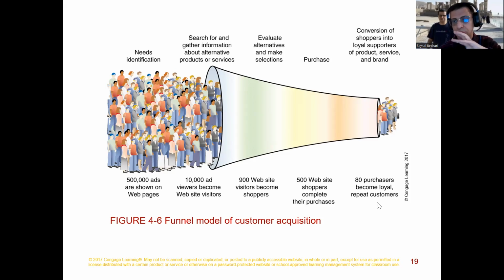And that's why I say it's difficult to get a purchaser and a repeater. So we want to keep them, because out of the 500,000, we get only 80 of them.